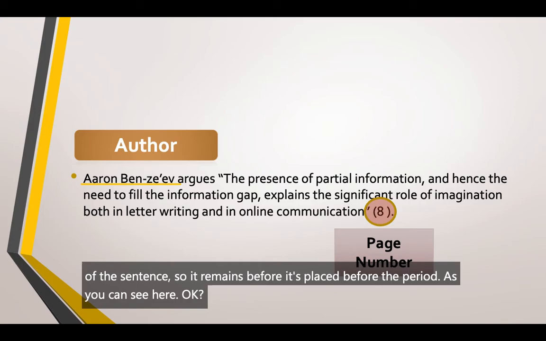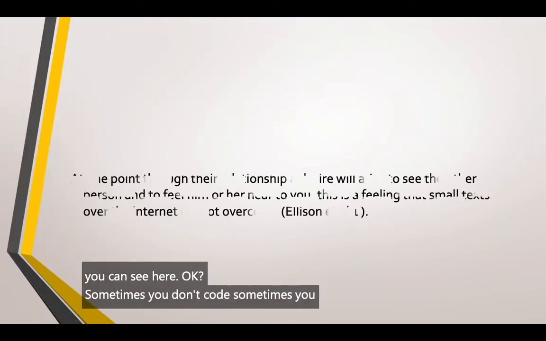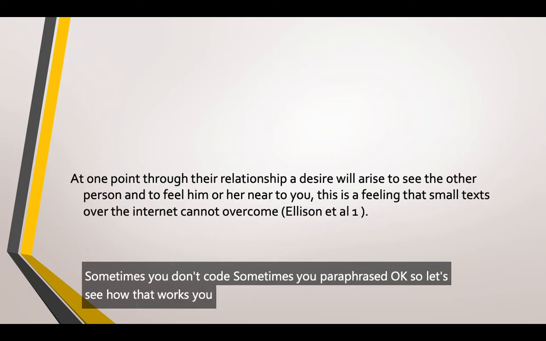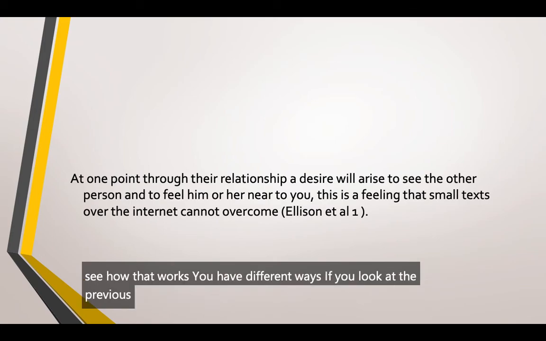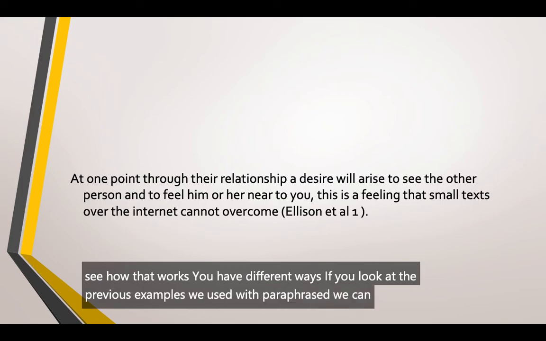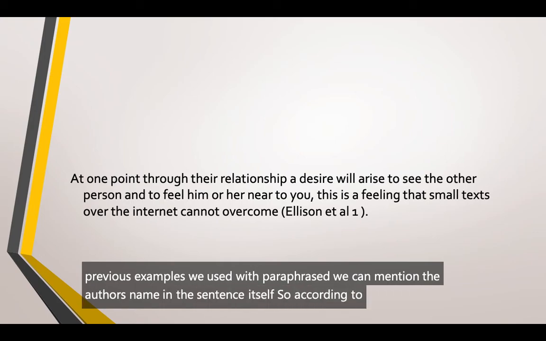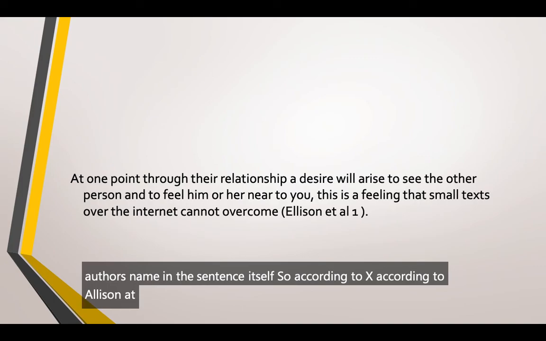Sometimes you don't quote, sometimes you paraphrase. Okay, so let's see how that works. You have different ways. If you look at the previous examples we used with paraphrase, we can mention the author's name in the sentence itself, so according to Ellison et al., like the source we have here.